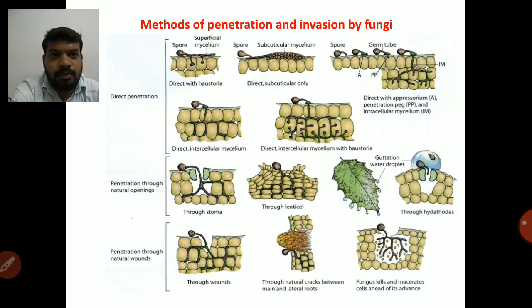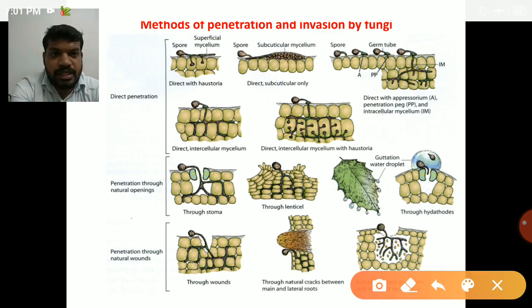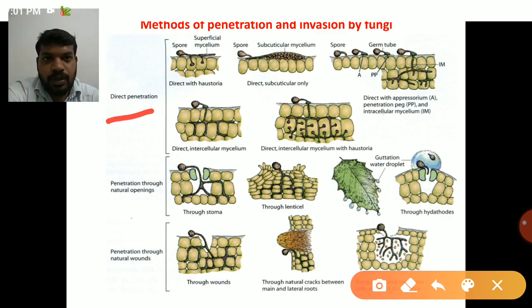So methods of penetration and invasion by fungi. All three penetration methods of fungi are represented by this picture. First of all, direct penetration. There are several direct penetration methods. First, direct penetration with the haustoria.